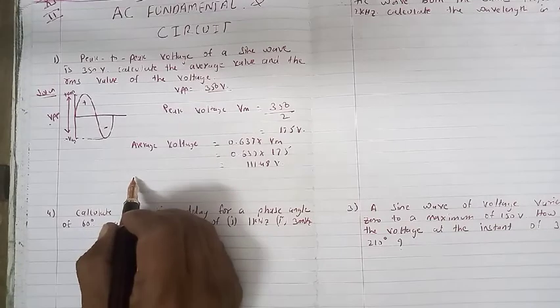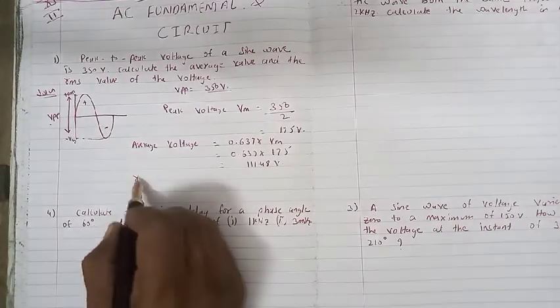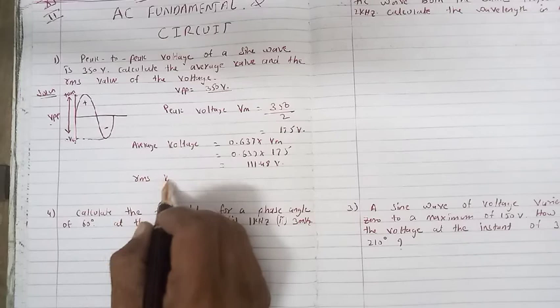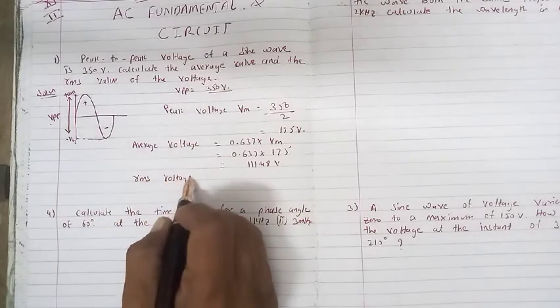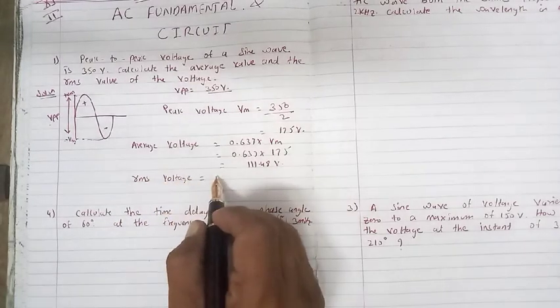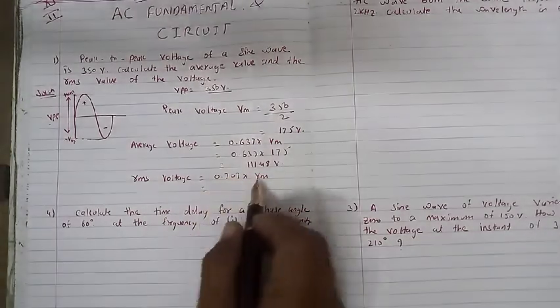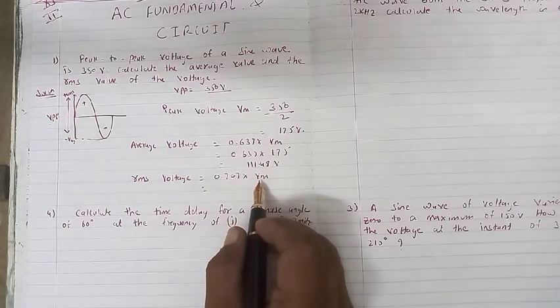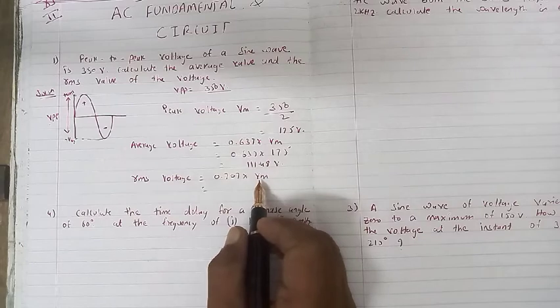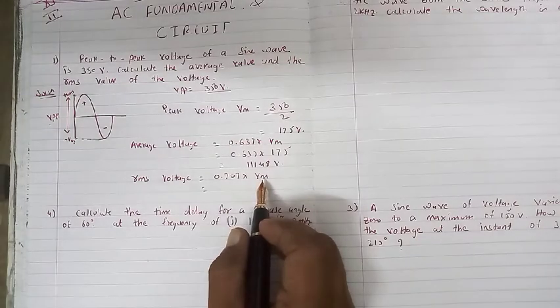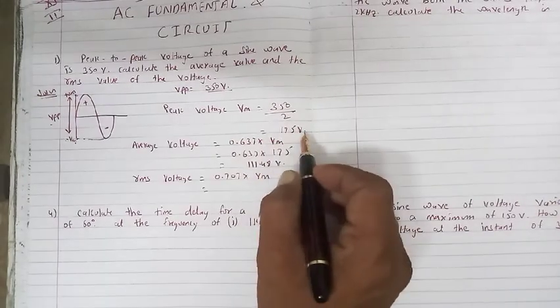Then the second one is the RMS voltage. Again the standard formula is 0.707 multiplied by Vm. You only have to put in the value of Vm. Okay students, this value of Vm we have calculated as 175.